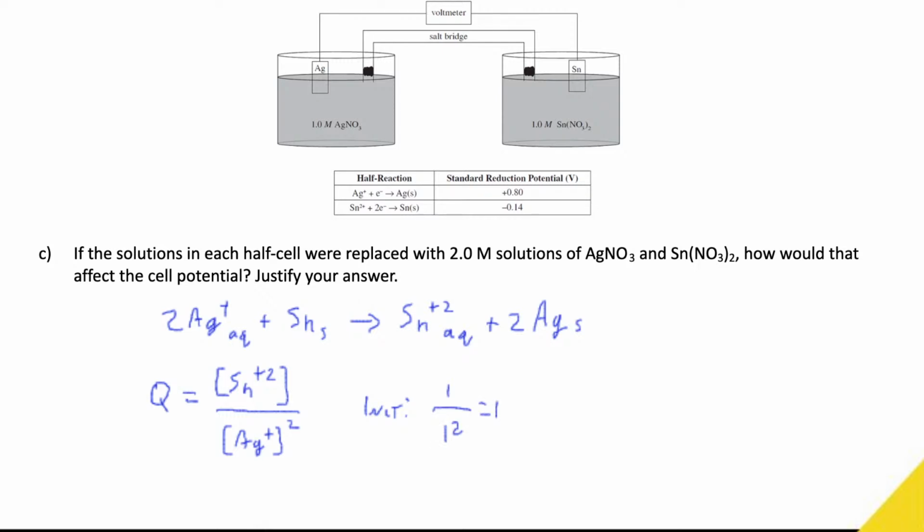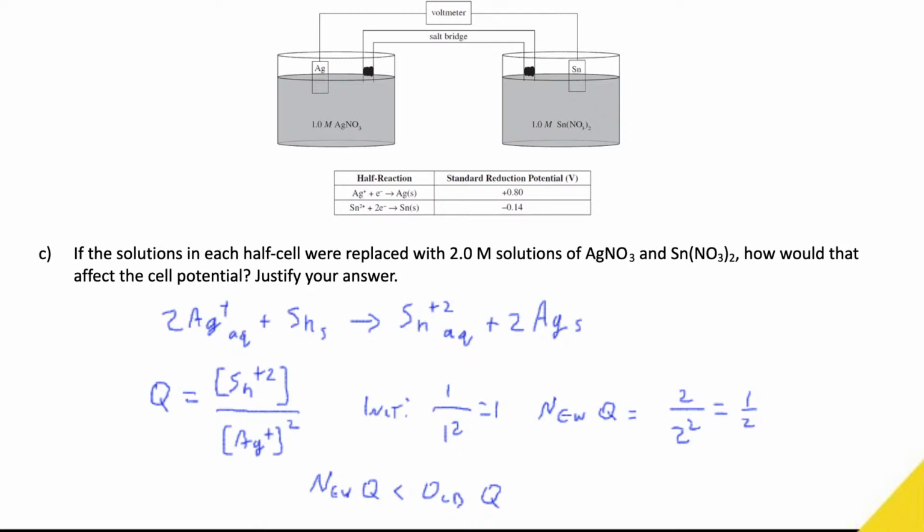And the new Q is equal to 2 over 2 squared, which is a half. So the new Q is less than the old Q.